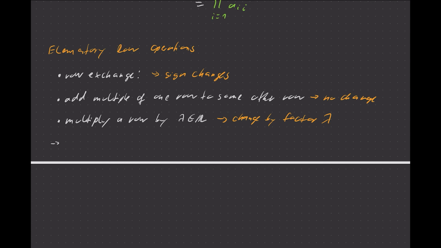So the idea is to use row operations to obtain triangular form. And in quadratic matrices, this is the same as echelon form. And then we just use the method above.